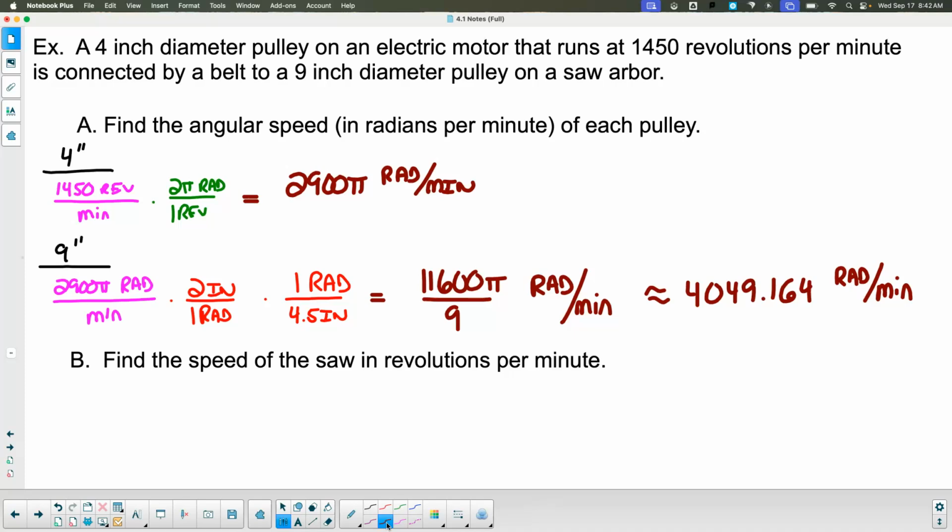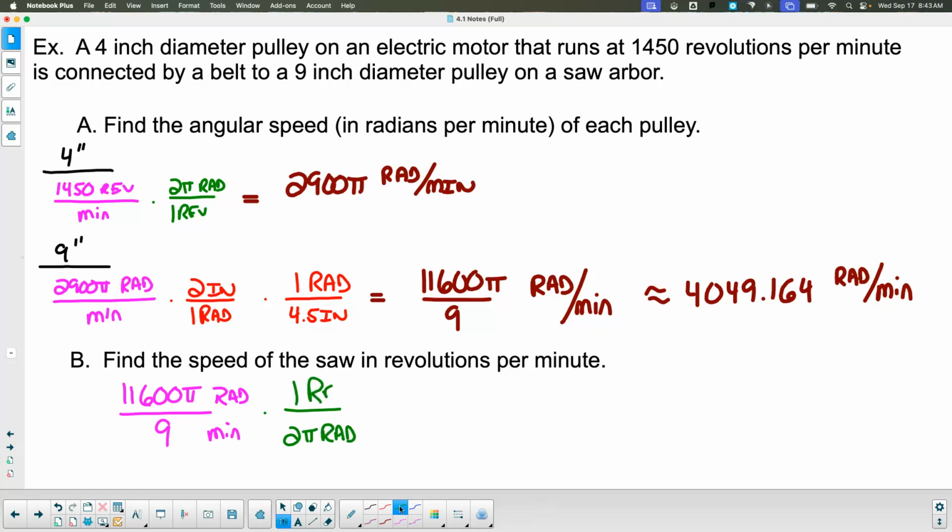Yep. Find the speed of the saw in revolutions per minute. Well, now that's where I'm starting. So now I'm on the saw, so I'm on the big one. So that's going to be 11,600 pi over 9, and that's radians per minute. And I'm going to multiply that by 1 revolution on the top, 2 pi radians on the bottom.